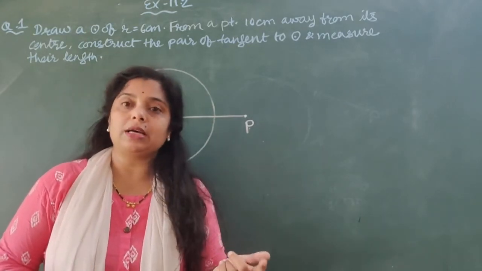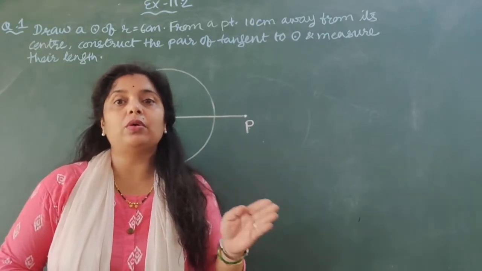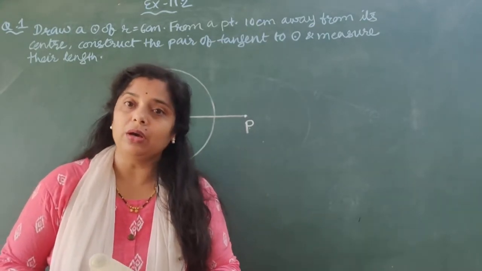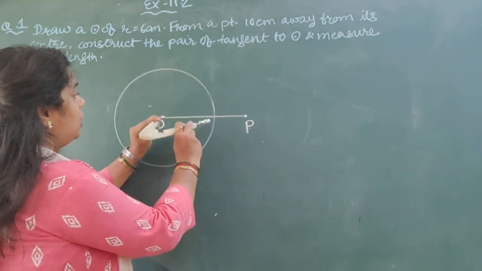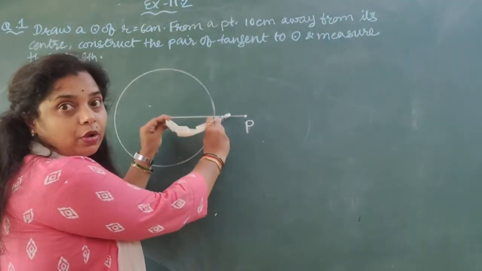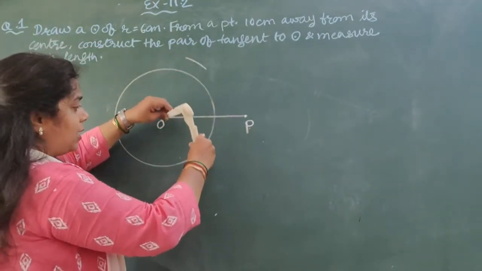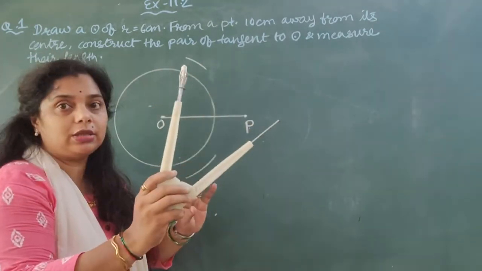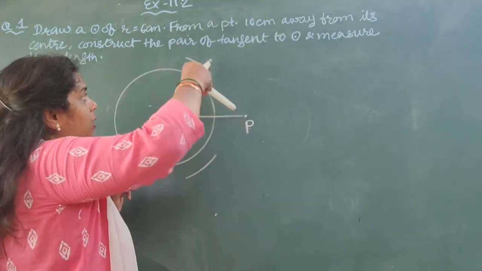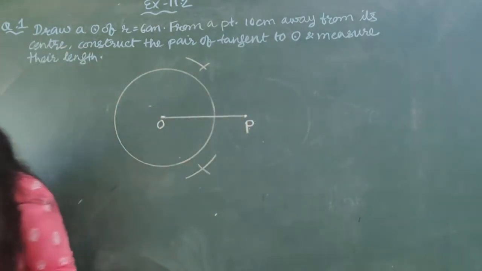In your earlier classes, you already studied how to construct a perpendicular bisector, but still, I just recall that point. Take more than half of the length of the line segment, then on upside and downside make an arc. Again, without changing the radius, from P, make an arc in upward direction and downward direction.